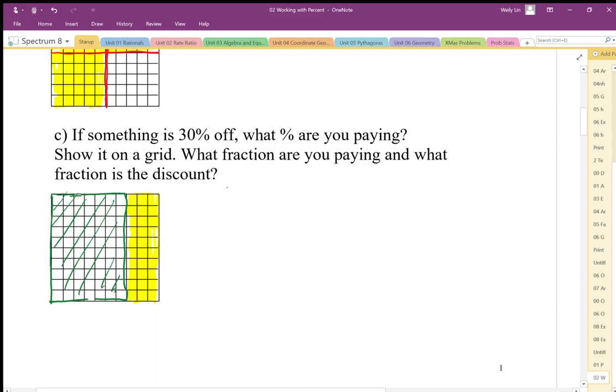Okay, so we are paying 70%. That's how much we're paying. Okay, as a fraction, we're paying 7/10. We pay, and 3/10 represents our discount.